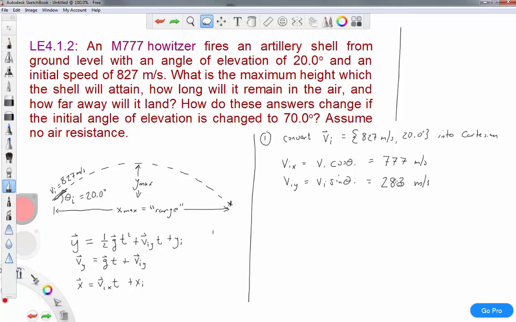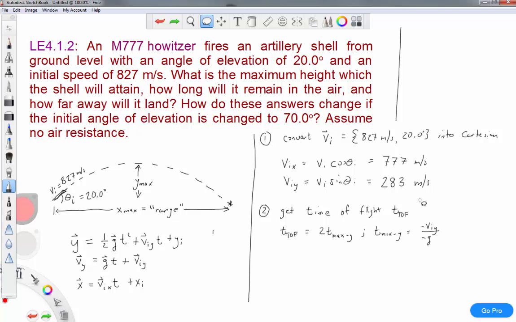Now that you have that, you can get the time of flight, which is the total amount of time that this thing is in the air. One way is to get the time to reach maximum height and double it. The time required to reach the maximum height is the initial y component of the speed divided by the gravitational acceleration, 9.8 meters per second squared.